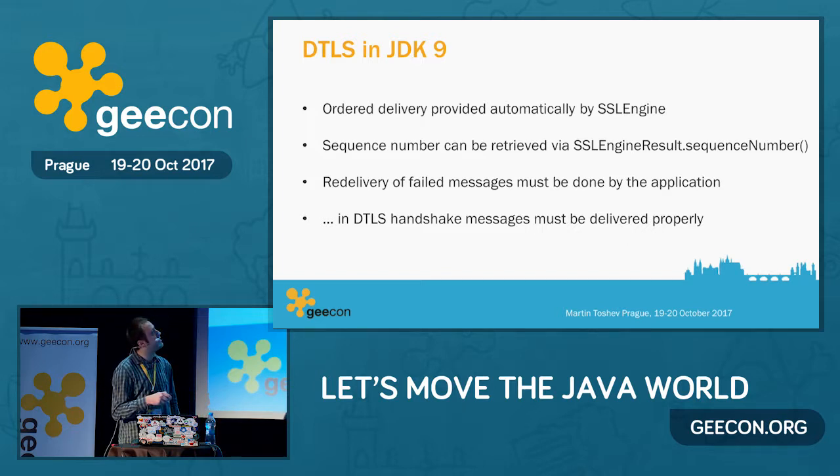You can retrieve the current sequence number from each message that's received by calling .sequenceNumber. Also, however, if your application needs to resend some packets, you need to do that in the application. The SSLEngine doesn't make sure that messages are delivered reliably. It does this, but only during the handshaking.